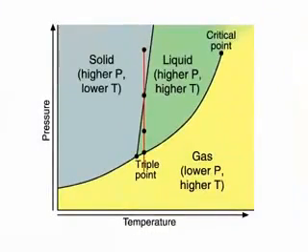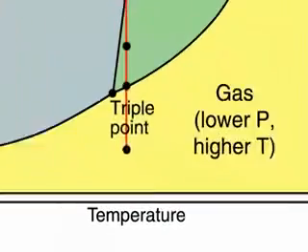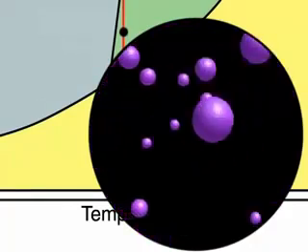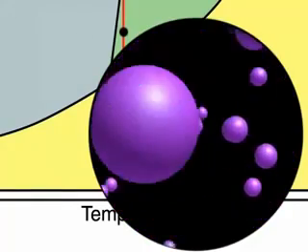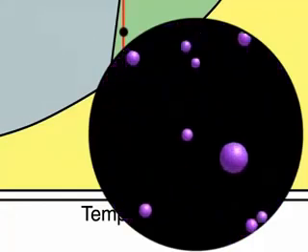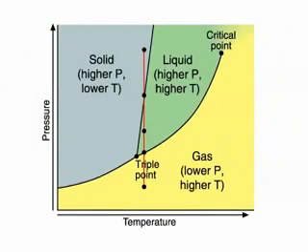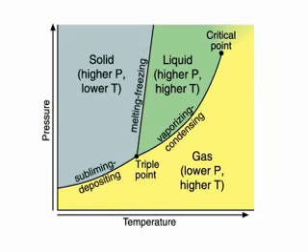And finally, the pure gas. Notice that if we start at any temperature lower than, to the left of, the triple point temperature, we move directly from solid to gas. Here's the phase diagram showing all the regions, points, and equilibrium processes.